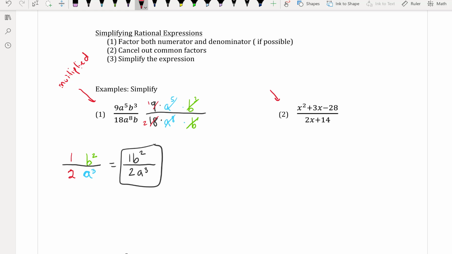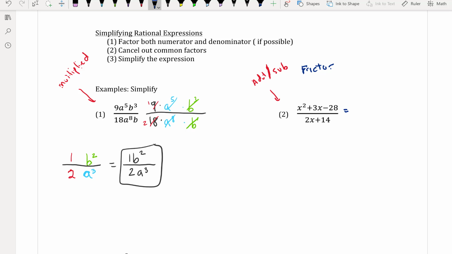And in number 2, I have addition and subtraction. So that tells me that I want to factor. So this is where I follow the instructions. So I'm going to factor both the numerator and denominator if possible.